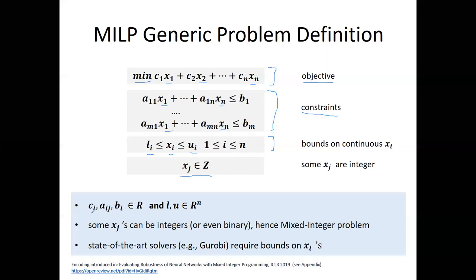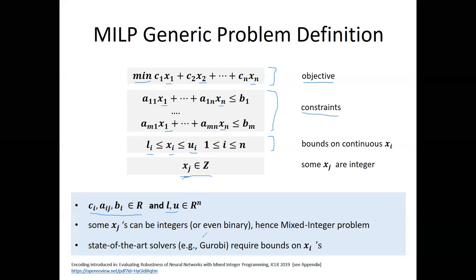So this here is the type of the variables. Ci, Aij, and Bi are reals, x is an n-dimensional vector, and Li and Ui are also reals, providing these bounds. Now these xi's or xj's that we used, these are integers.